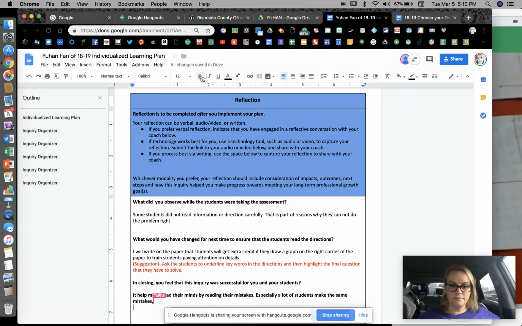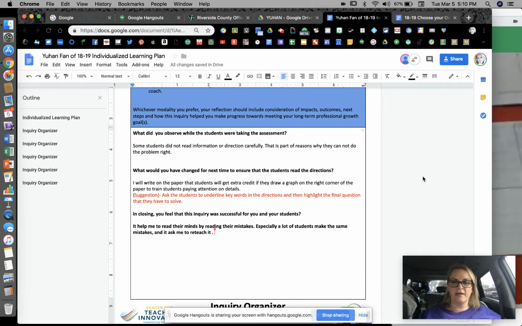It helped me read the students. There you go. Because then you knew what to zone in on, what part of the lesson their gap is at. Closing that gap.